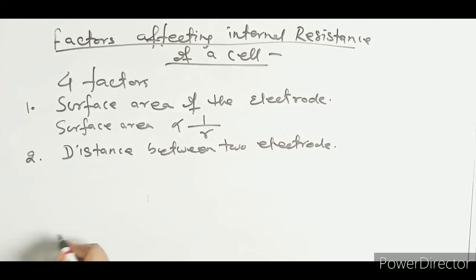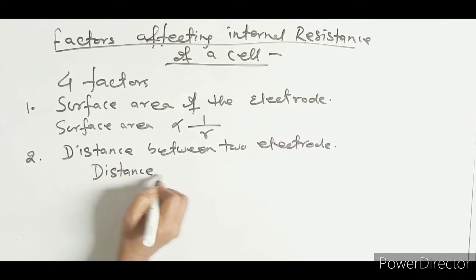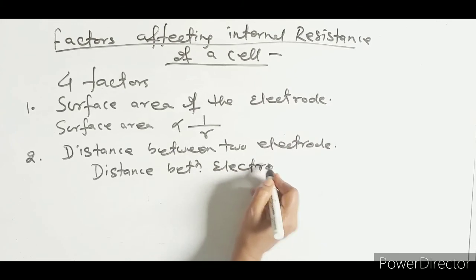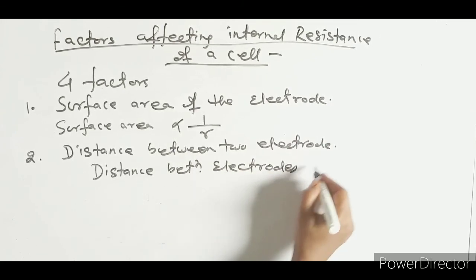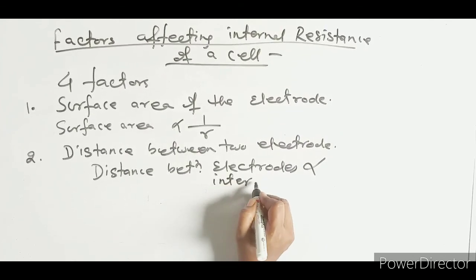So here distance between electrodes is directly proportional to the internal resistance.